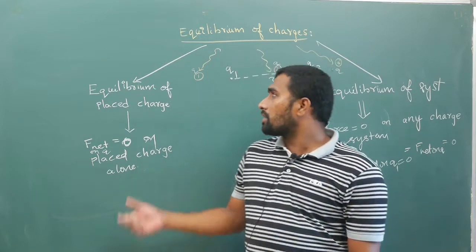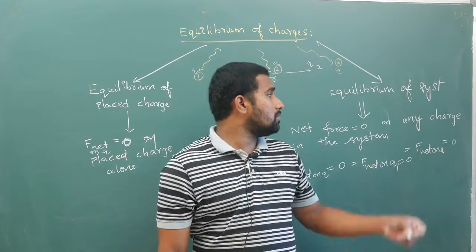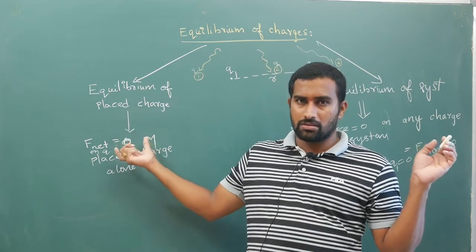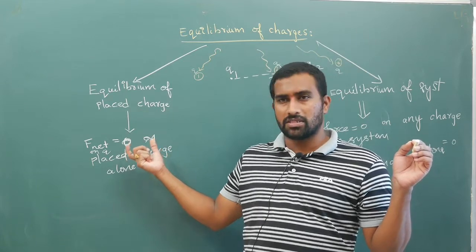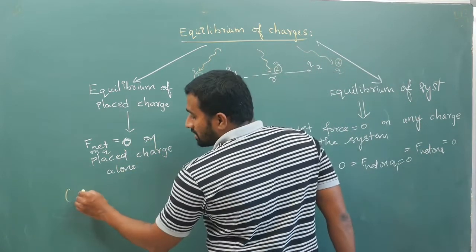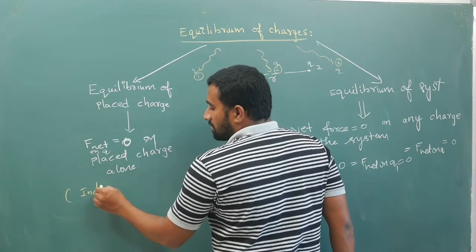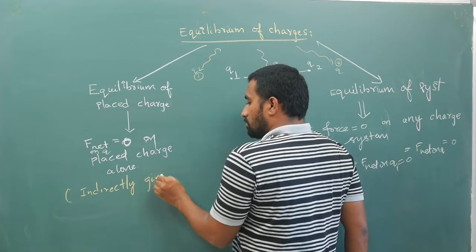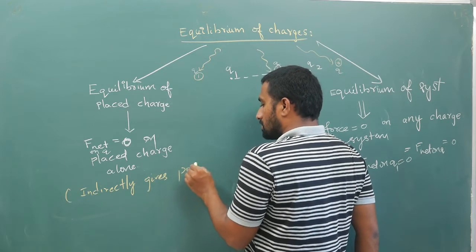Now what you can do is calculate this part first, that will give you the position. You will see later, but doing this indirectly gives the position where to place.